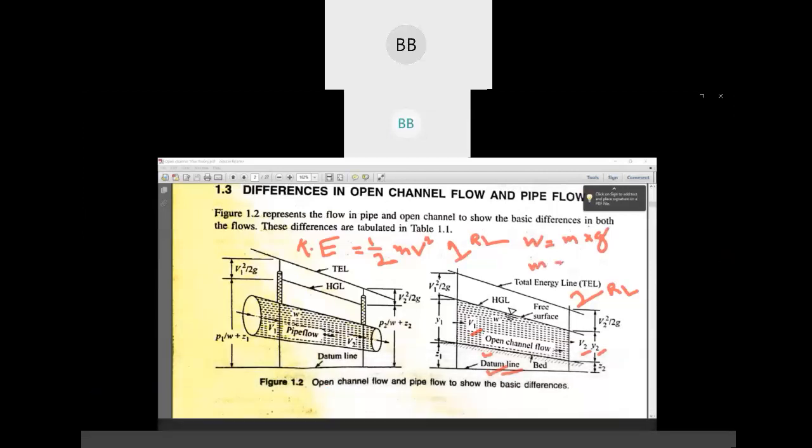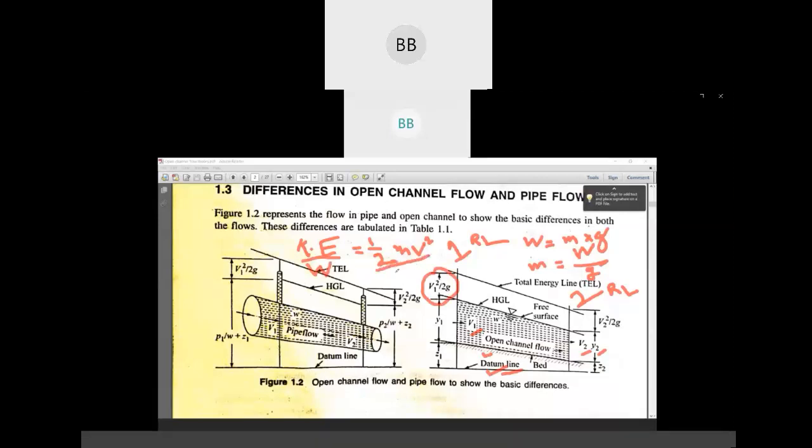So what will be the mass? Mass is equal to weight by gravity. So here in kinetic energy, in place of mass, we can write weight by acceleration due to gravity. And here we are considering not kinetic energy, it's kinetic energy head, that is kinetic energy divided by weight.